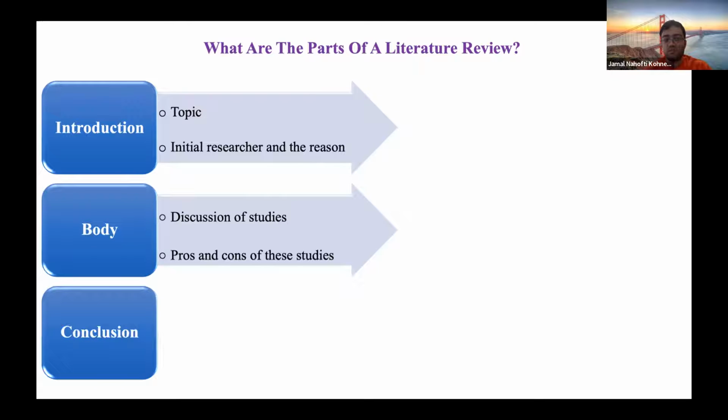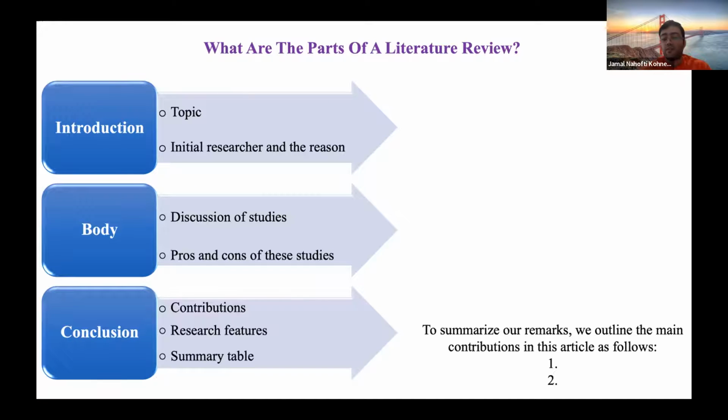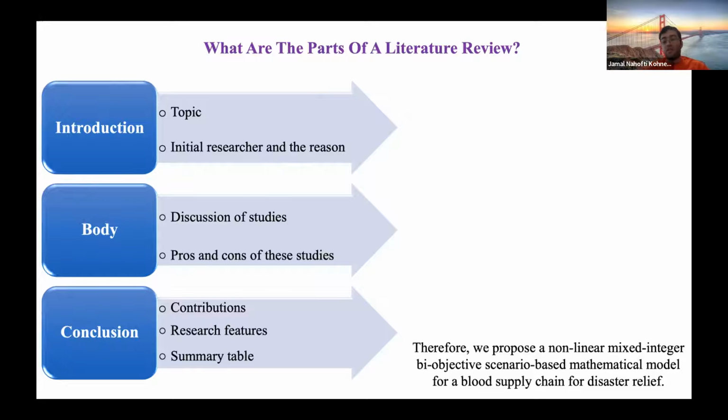Finally, in the conclusion part, we talk about our contributions based on the literature review that we have done. We can summarize those contributions in a sentence and then provide them in number format. And also we can talk about our research feature based on the contributions that we explained before.